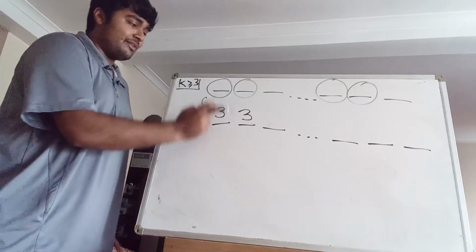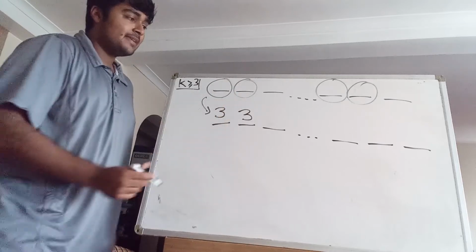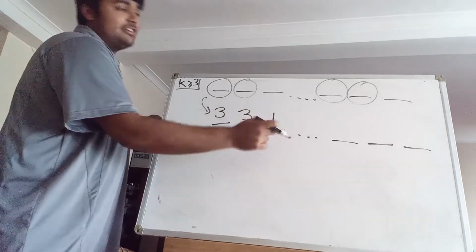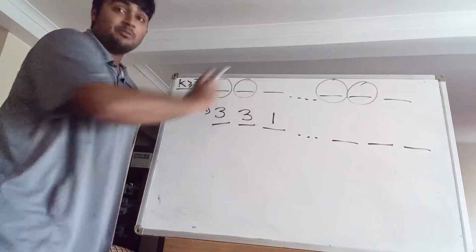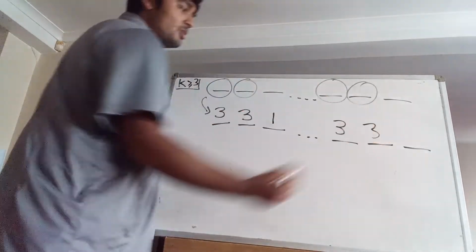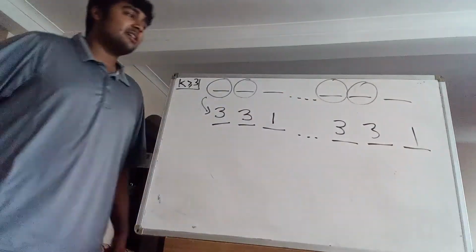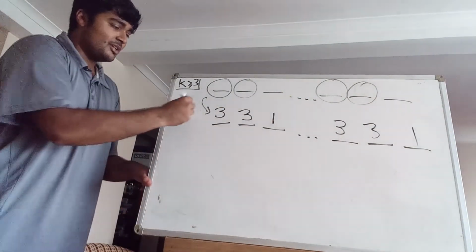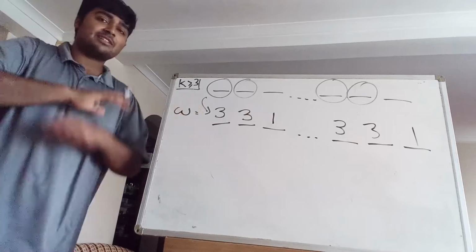So 3 is definitely not there, and 1 is definitely not there, because if it was, it would have a circle around it. So wherever there's a circle, you put a 3, and wherever there's no circle, you put a 1, and we're going to call this code W, and we know W is completely wrong.